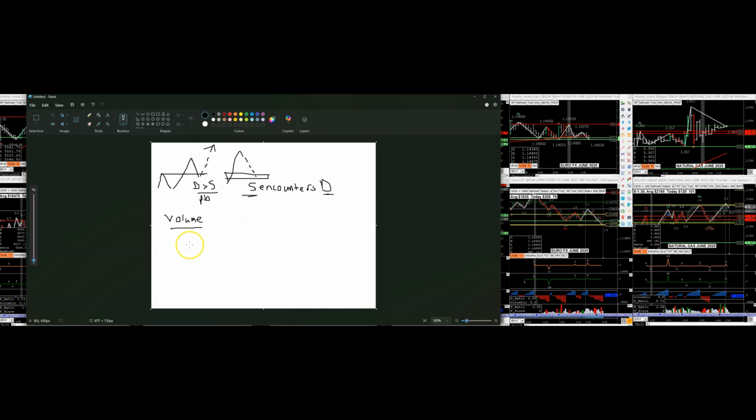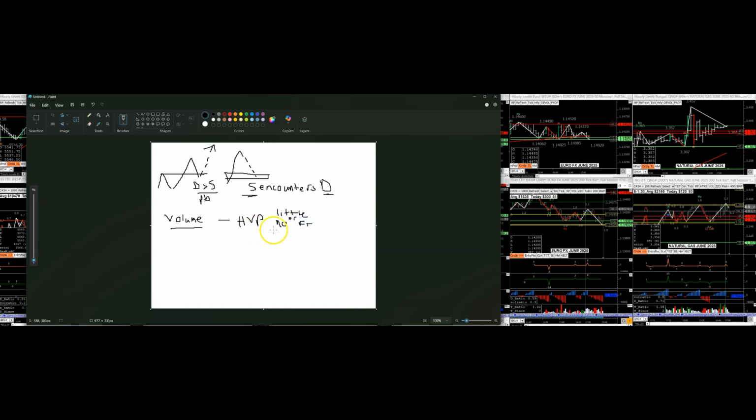All right, so there are two things that you will see. You will see volume come in because they'll start buying. So you'll see high volume prints that have little or no follow through.